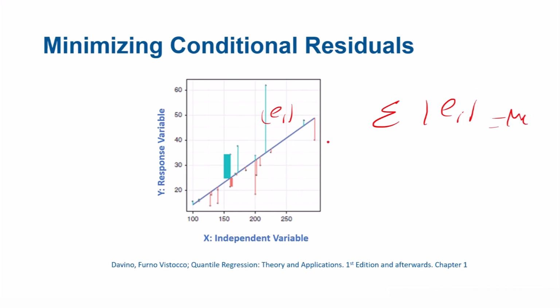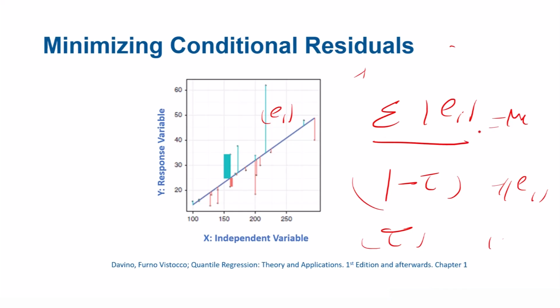And if you want other quantiles, you multiply them asymmetrically. For example, 1 minus tau with negative error terms and tau with positive error terms. You multiply with their magnitude, and that is why we are calling it asymmetrically weighted error terms. We get different quantile specific coefficients. But if you want the median, you simply sum up the absolute error terms. So this is a typical visualization scheme.